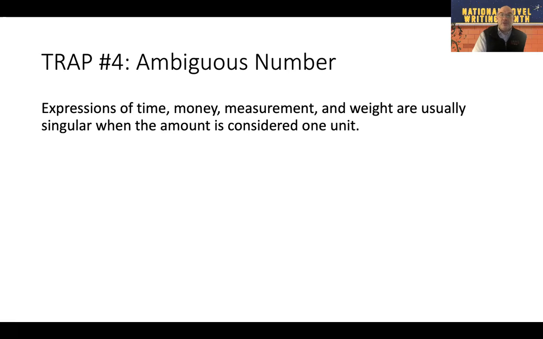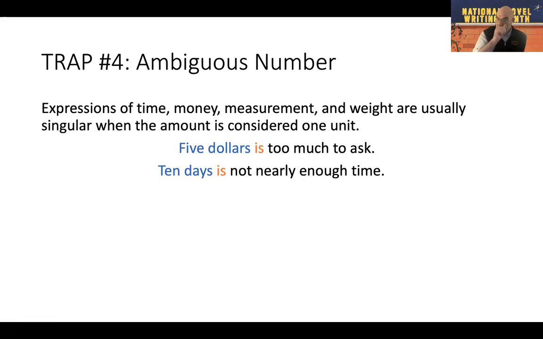So expressions of time, money, measurement, and weight are singular when it's considered one unit. So the best way to think of this is when something is an abstract concept, it is a singular thing, okay? So when you can say that there's $5 are sitting on the table over there, okay?